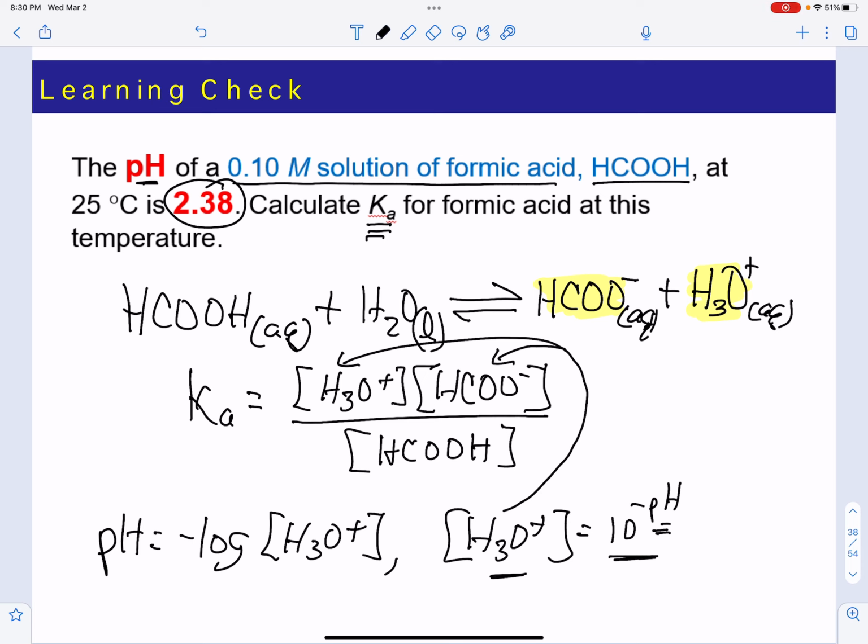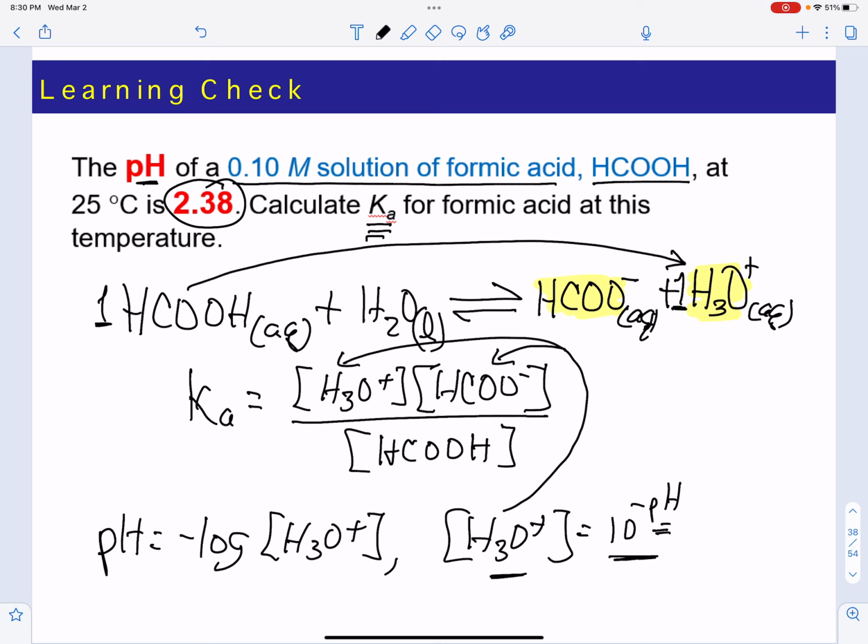So what about the formic acid itself? Well, we know that the formic acid is 1:1 to the hydronium. So some of the formic acid became hydronium.